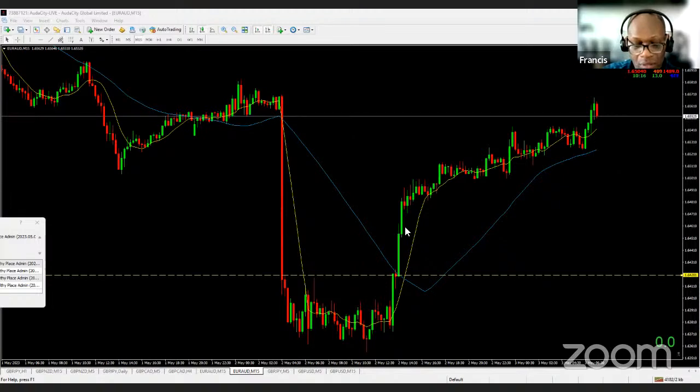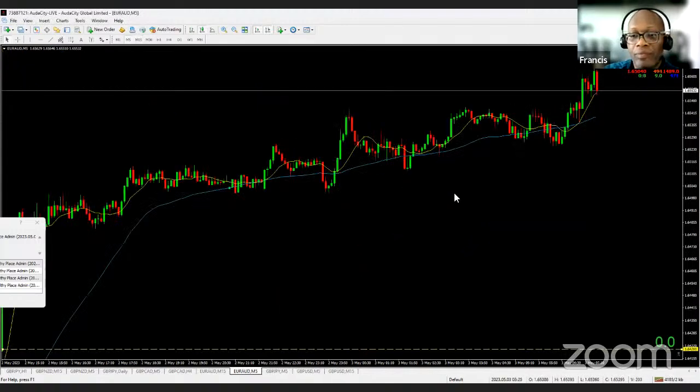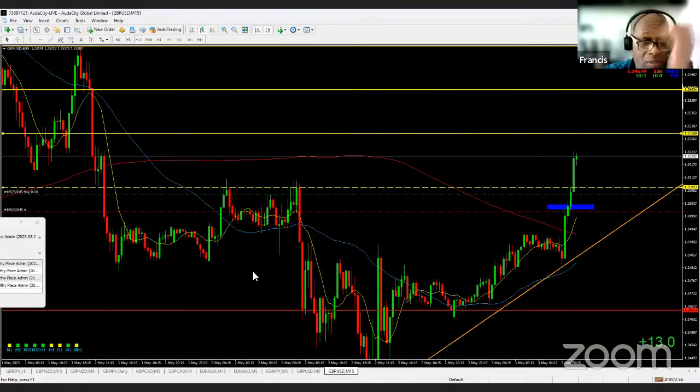Okay, so it seems like our pair is still pushing up. We'll come back to this one. What other pair can we look at, guys? I know Yemisi is loving pound cad, except that we're in a pound trade already.